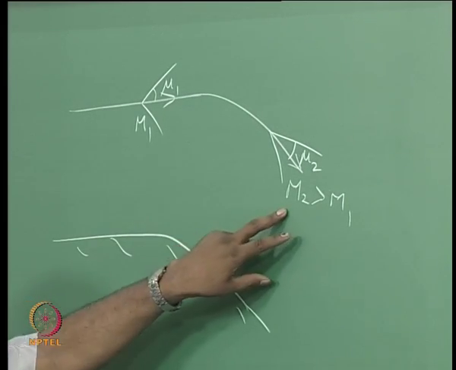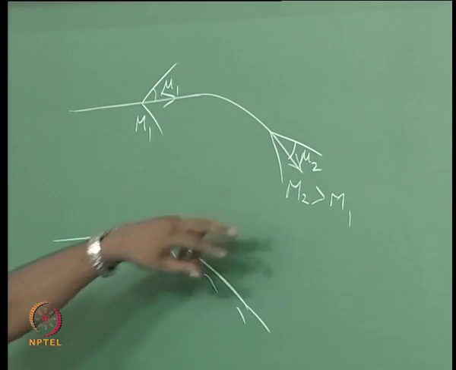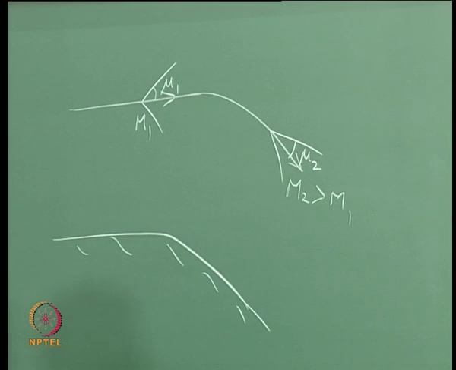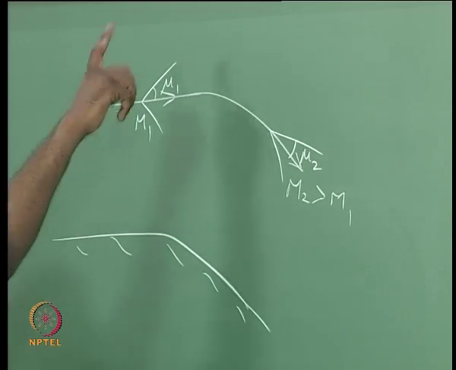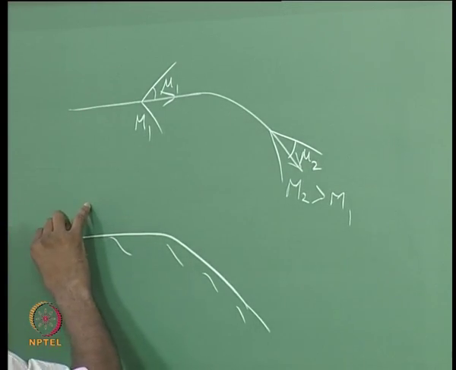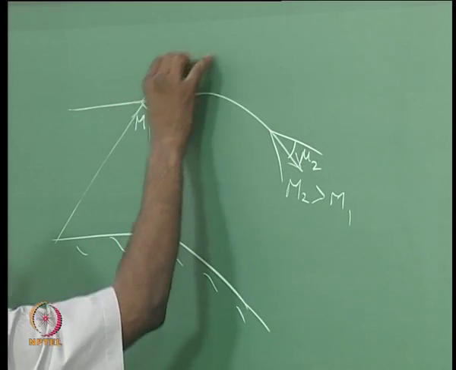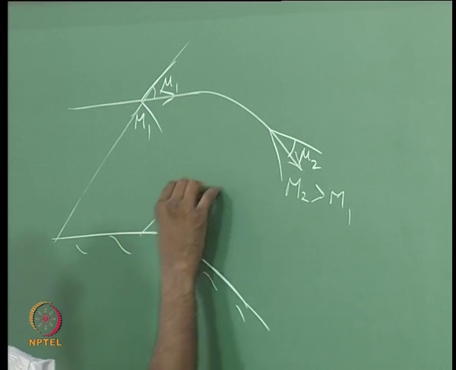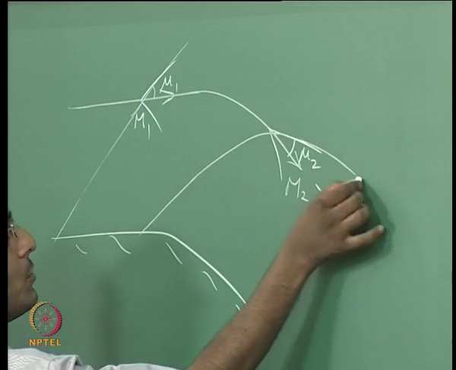Why? Mach number is higher, mu is sin inverse of 1 by M. So, it is going to become that. Okay. Now, what is happening to my characteristics if we think about it? If I think about the positive characteristics, there might have been a positive characteristic running like this, and here there would have been a positive characteristic running like this, and then it has now turned this way.